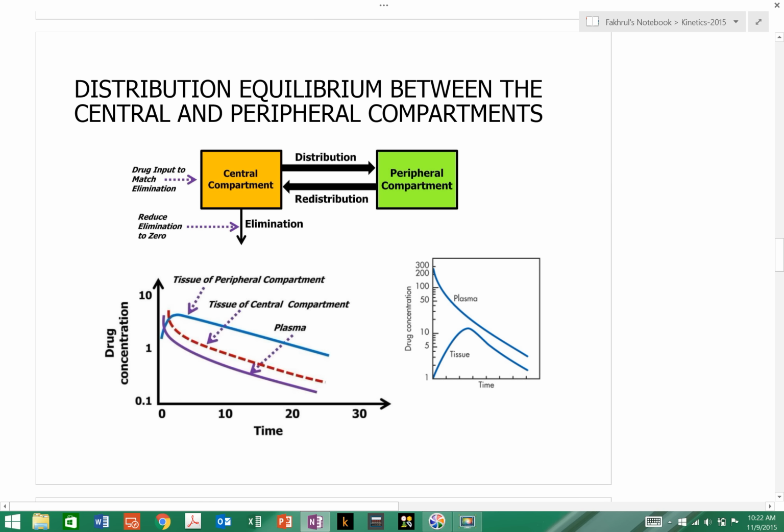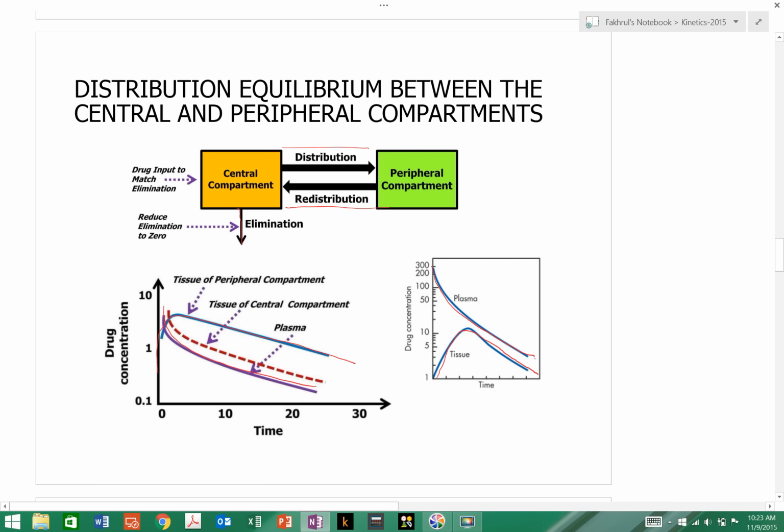You can say plasma, tissue, distribution and redistribution. Always elimination is from the central compartment. Remember this concept of elimination from the central compartment. As you can see, the tissue drug concentration goes up with time, and plasma decreases like this here. So this is the tissue compartment's concentration, and plasma is like this.